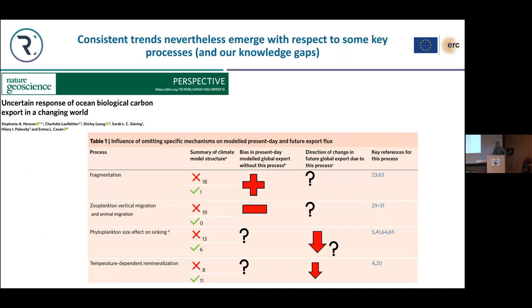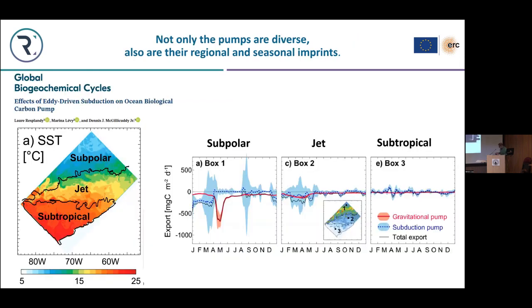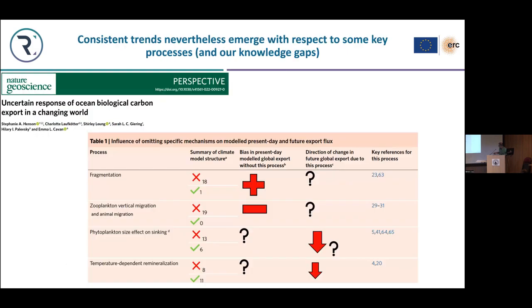From another modeling study, a comparison of 19 Earth system models by the group of Stephanie Henson, the lack of our knowledge emerges.